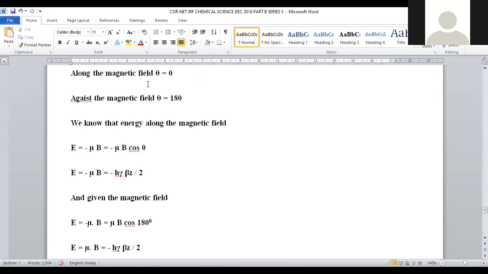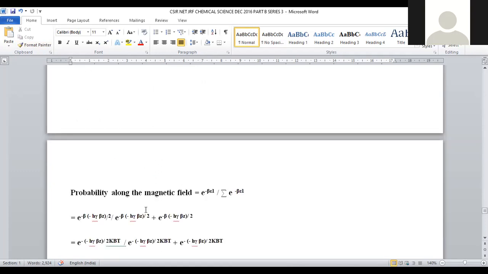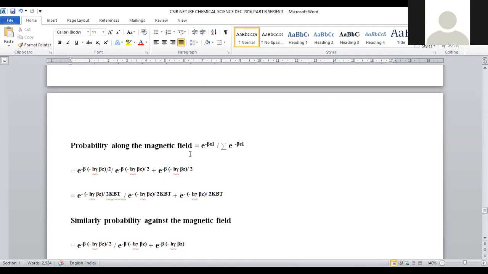Just now we saw alignment along the axis is 0, against the axis is 180, that's why cos 180 is given. Now it becomes E is equal to plus h cut gamma Bz by 2, right? And the probability is given by the formula e to the power minus beta epsilon 1 by the sum of e to the power minus beta epsilon.